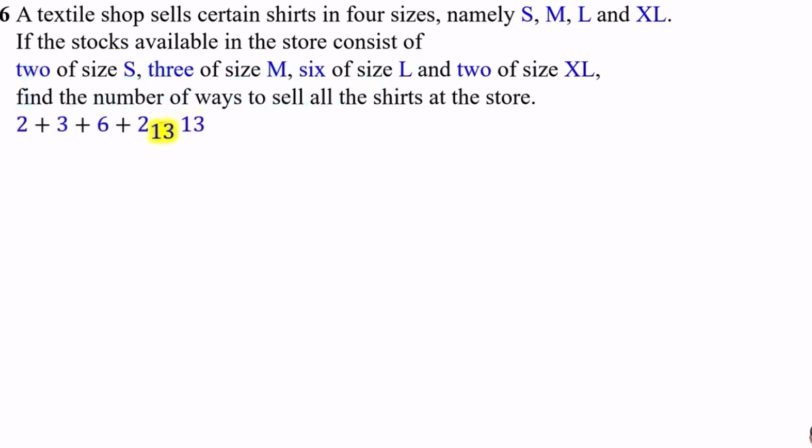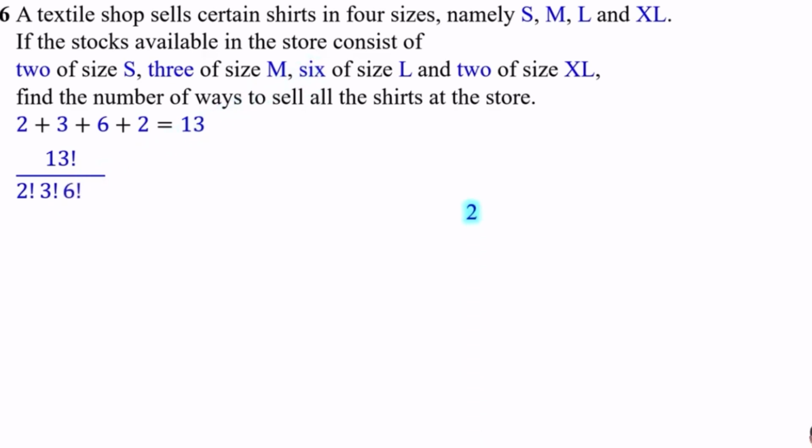So we have how many shirts? We have 13 shirts. So we have 13 factorial over the identical ones. Size S, we have 2, so we divide by 2 factorial. And then for M, we have 3 identical M size, so we divide by 3 factorial.